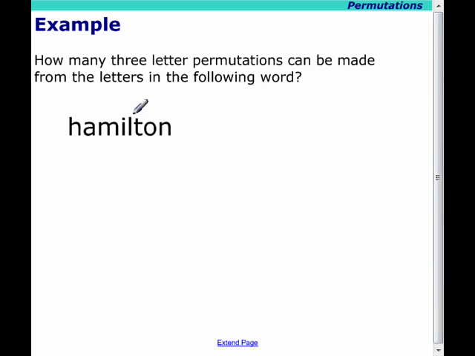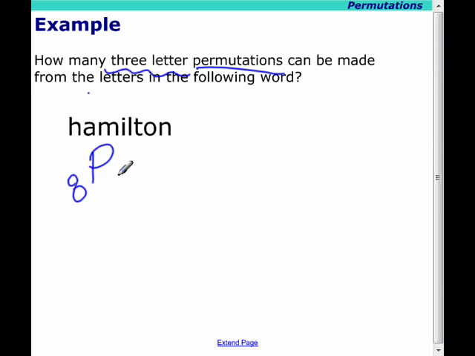Okay, here's another example, similar to one we've just done. How many 3-letter permutations can be made from the following word? So I have the word Hamilton. Notice that none of these letters repeat. If they repeat, there are special things I have to worry about. But here I've got 8 letters altogether, and I want to know how many permutations I can make using just 3 letters.